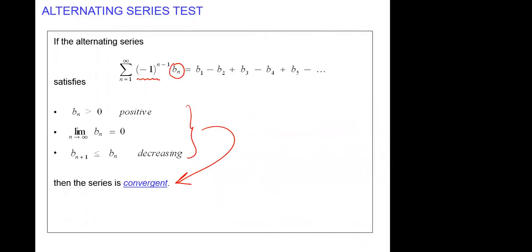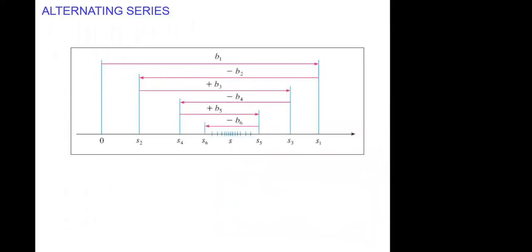Let's actually see how this works. I copied a nice graph from your textbook. I really like this graph because visually we can see the proof. The pink lines are representing the terms. We can see b sub 1 is here, and on the number line we have the partial sum.